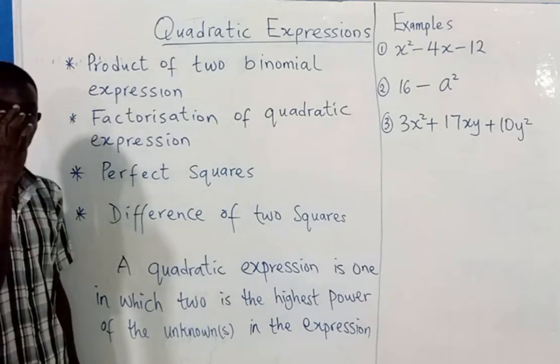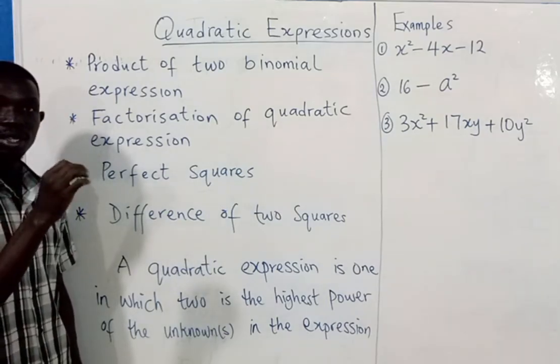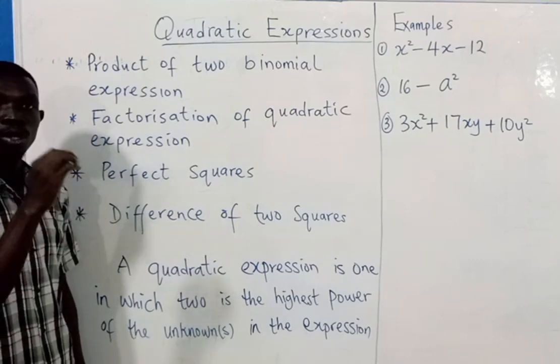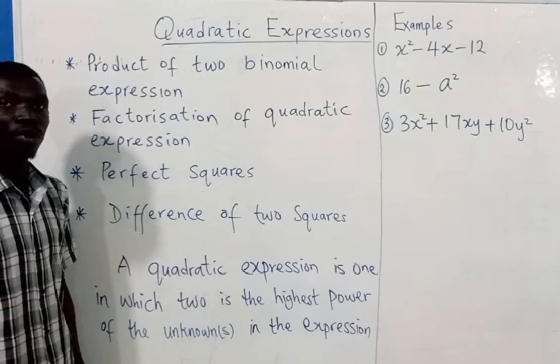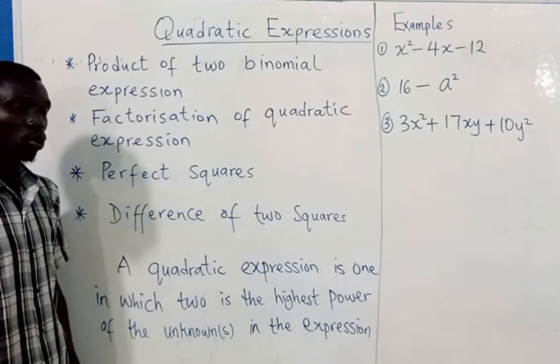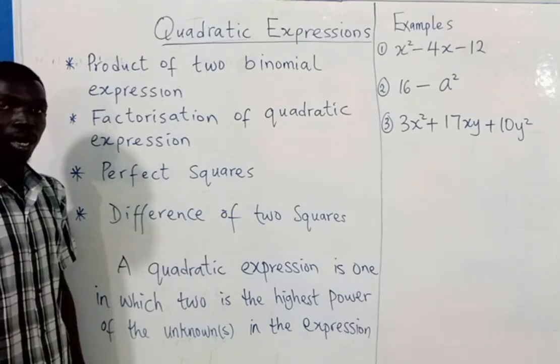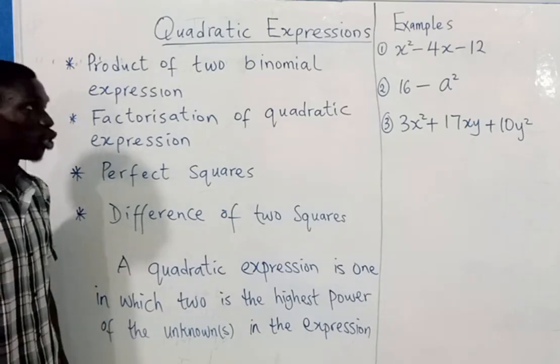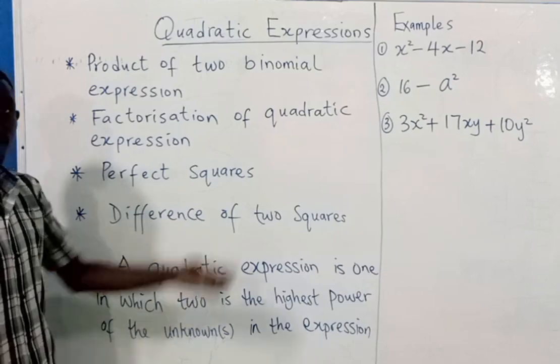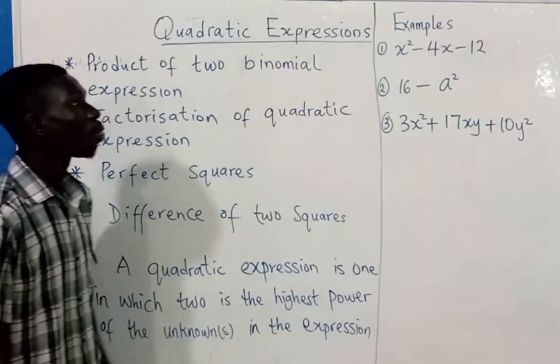The highest degree of the variable in that expression must be 2 for us to call it a quadratic expression. We have examples on the board.